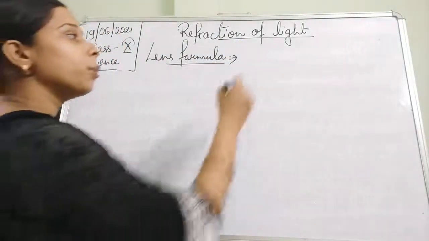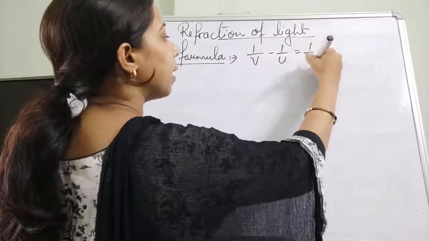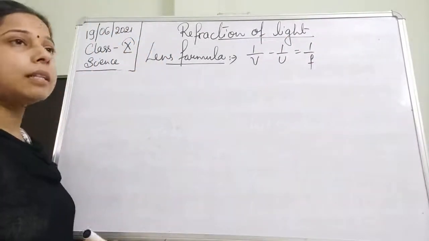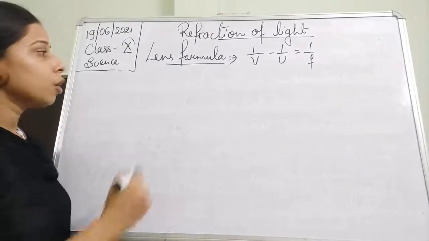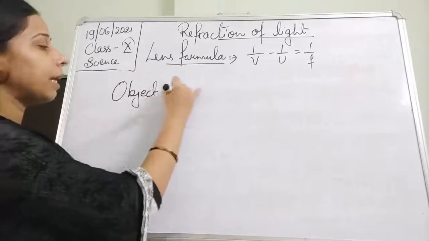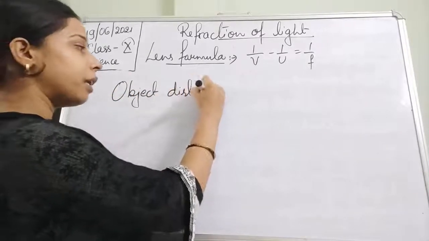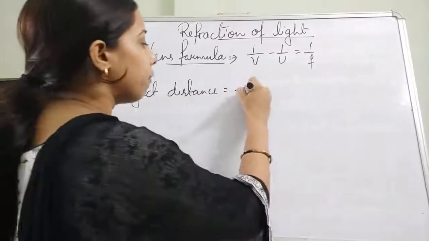The lens formula is the same, students: 1/v minus 1/u equals 1/f. Now, in the case of a concave lens, what will be negative? The object distance: because the object is placed at the left side of the lens, it is always taken as negative, so it will always be minus u.